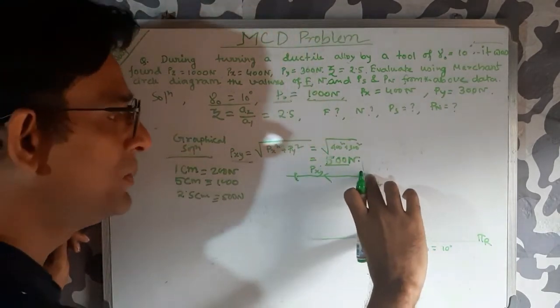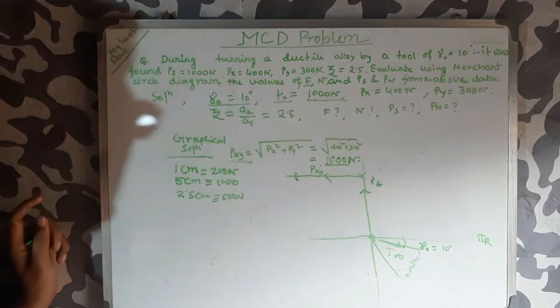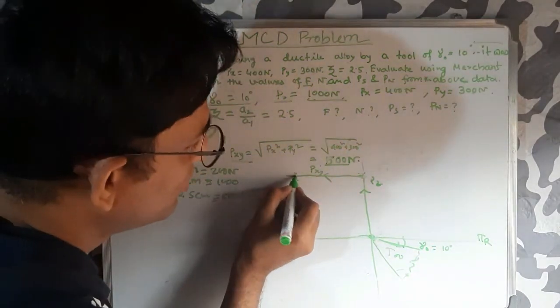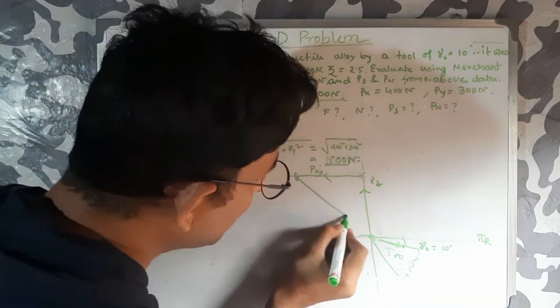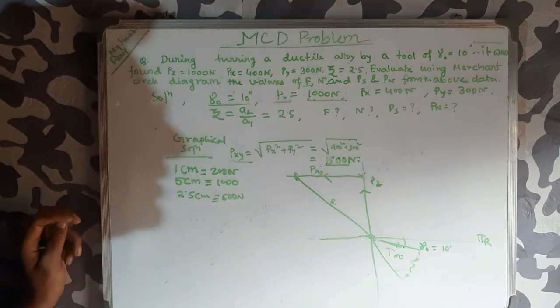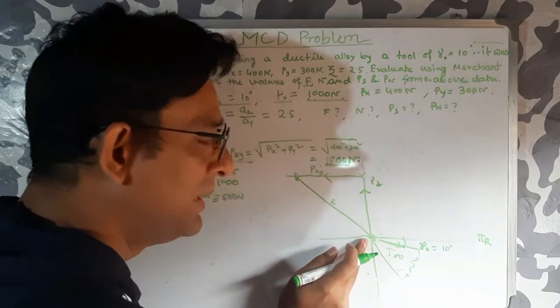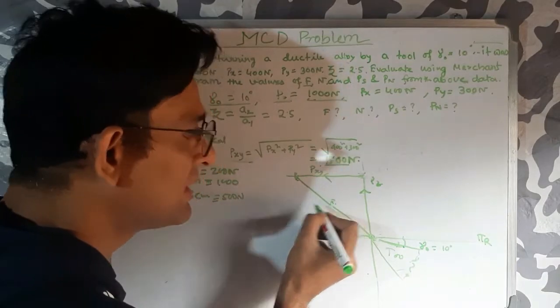So you got the value Pz, you got the value Pxy. They are both perpendicular to each other, and the resultant force will be this one. Now consider R as a diameter and their midpoint as the center.